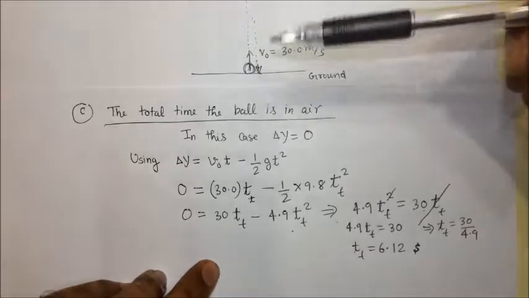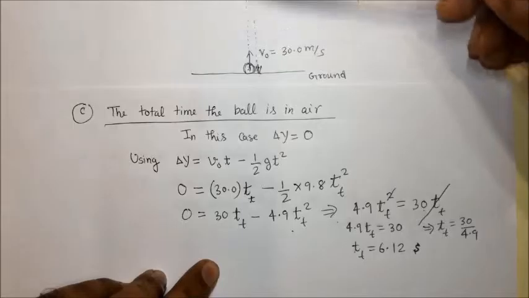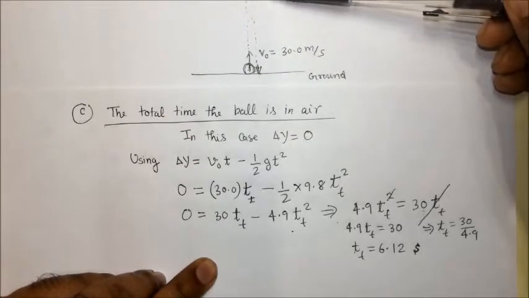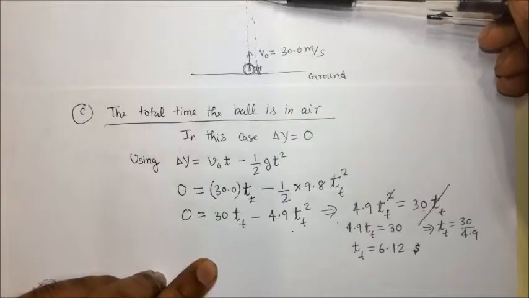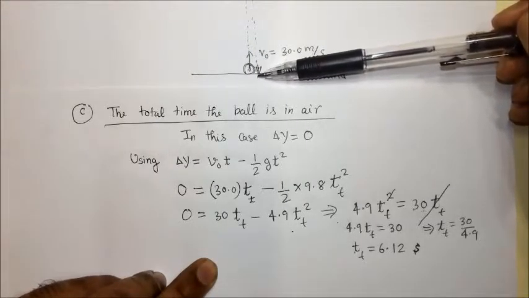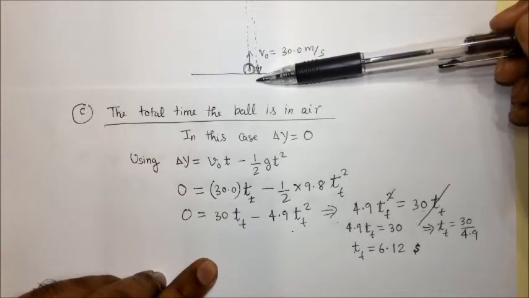Okay, did you notice something? What was the time to go to the top? The time to go to the top was 3.06 seconds. It will take the same amount of time to come back to the ground, that is 3.06 seconds.